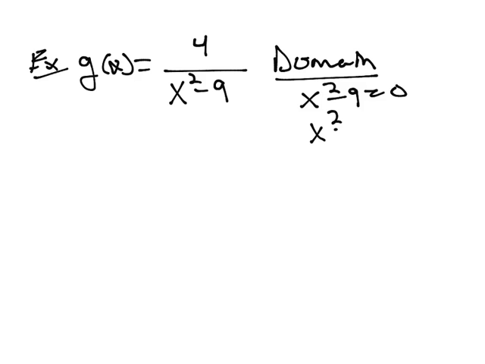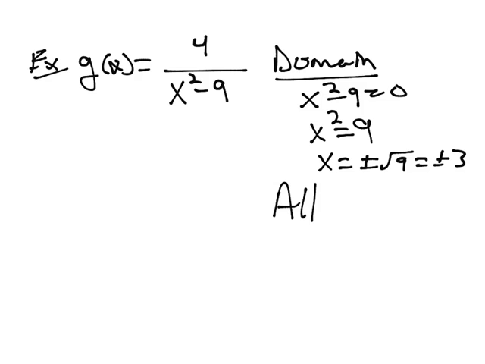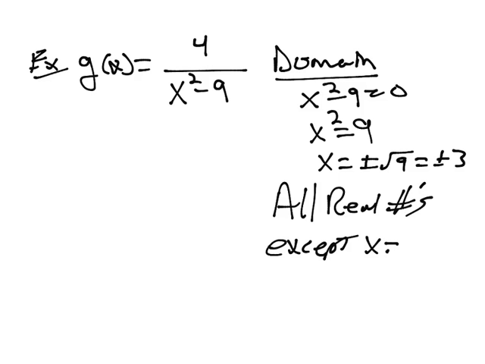Well, it's a nice quadratic. We've solved quadratics in the past. And so we get x equals plus or minus the square root of 9, which is plus or minus 3. So the domain for this function would be all real numbers except plus or minus 3. X can't be plus or minus 3.